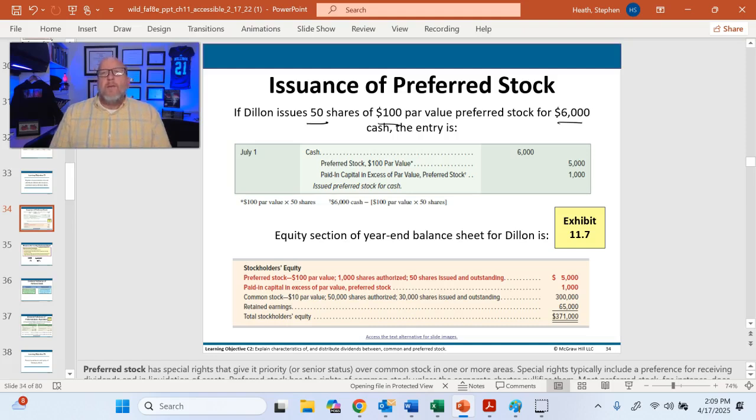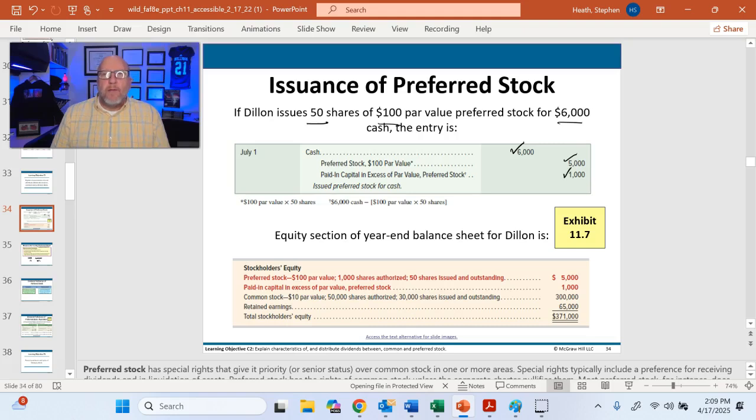If I'm going to receive 6,000 in cash, I'm obviously going to debit cash for 6,000. And if I'm issuing 50 shares at $100 per share, the preferred stock at par will be 5,000.